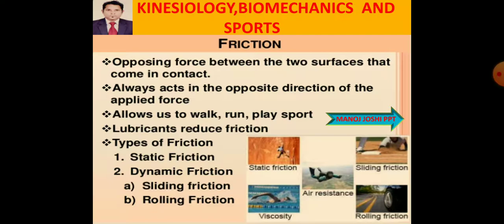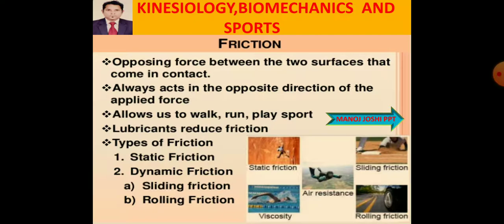Friction is very important in case of sports. Friction can be defined as the resistance to motion of two moving objects or surfaces that touch each other. Friction plays a very important role in many sports such as bowling and curling.